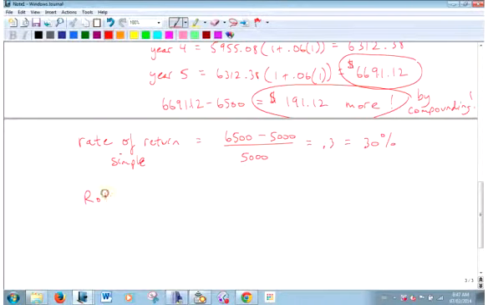Okay, what's the rate of return compounding? Should be more, right? 6,691.12. Yeah, that's only 109.12. What was I thinking? Minus 5,000 over the amount I put in is 0.338, or round it to the nearest percent.